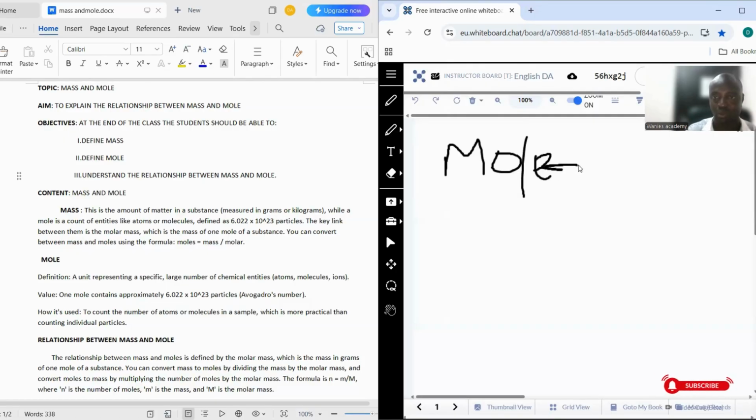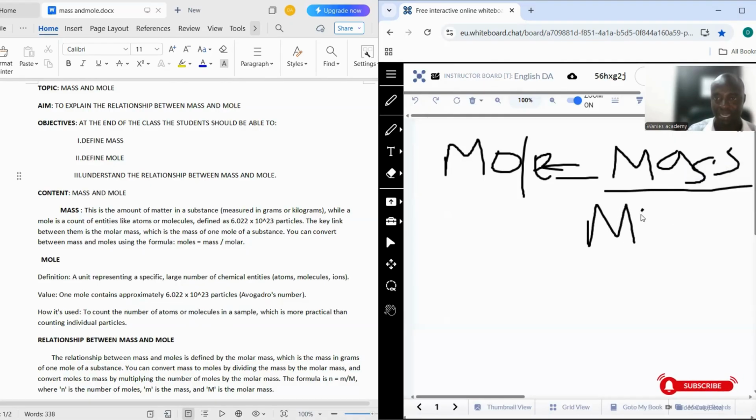So we have that mole is equal to our mass, which is denoted by small letter m. So mass denoted by small letter m, all divided by molar mass.